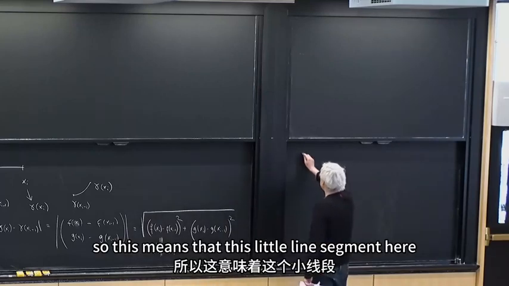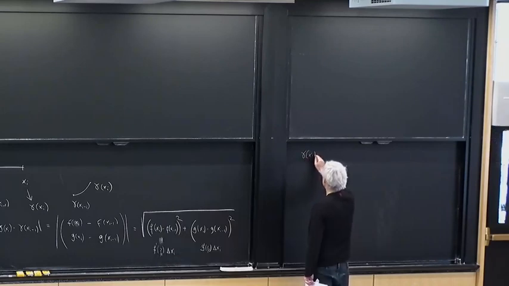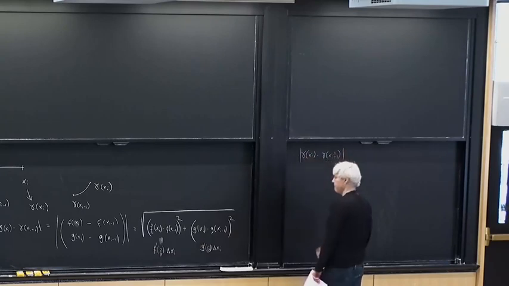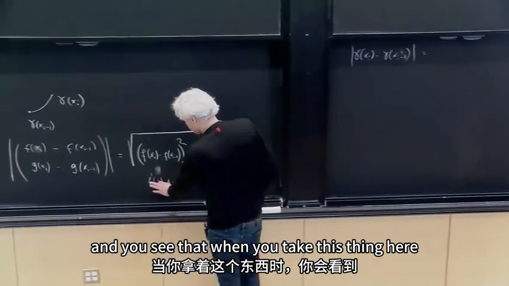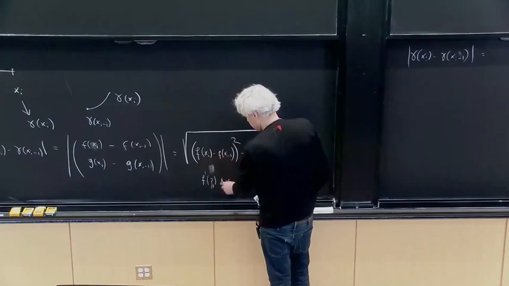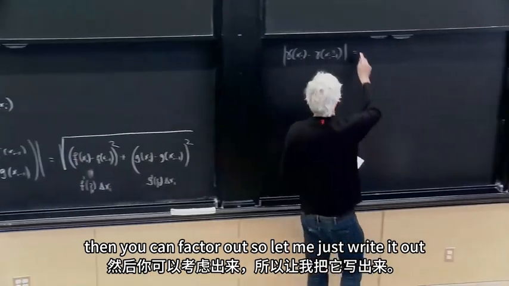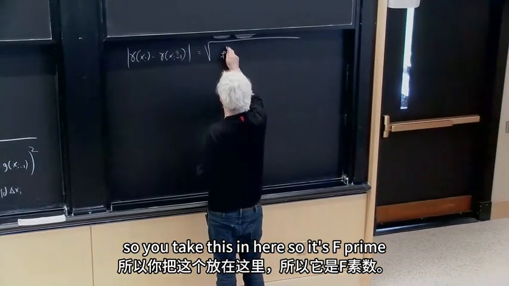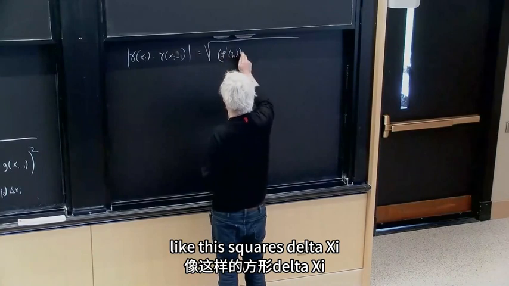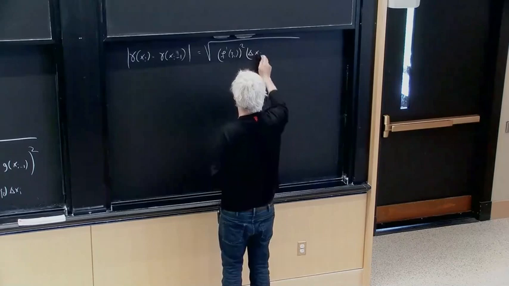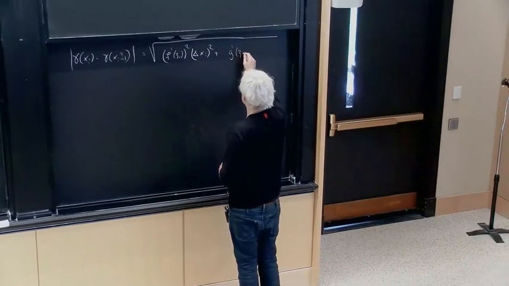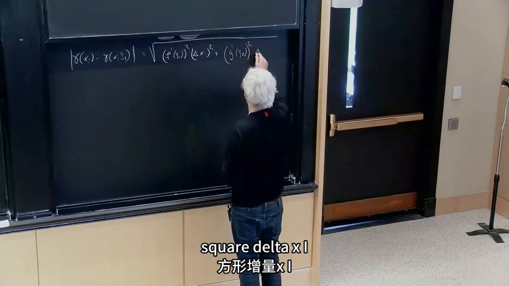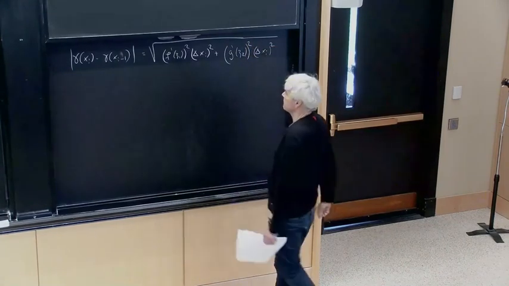So the length of this little line segment is equal to the square root of f prime at this point squared delta x_i squared plus g prime squared delta x_i squared.